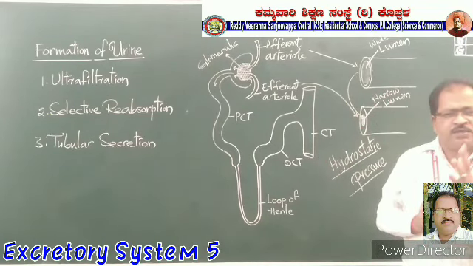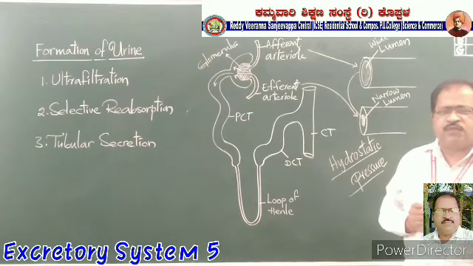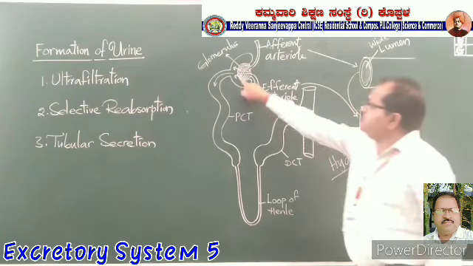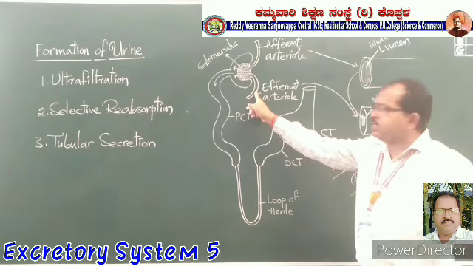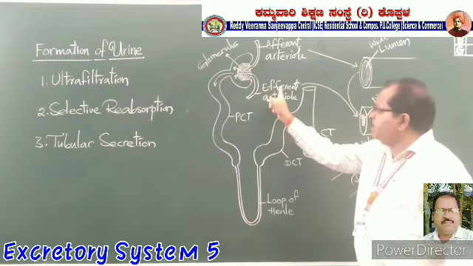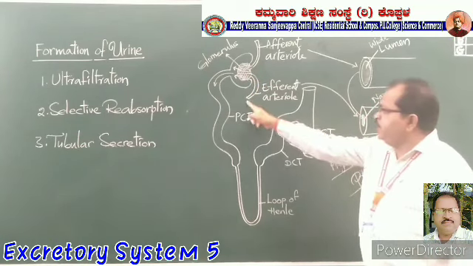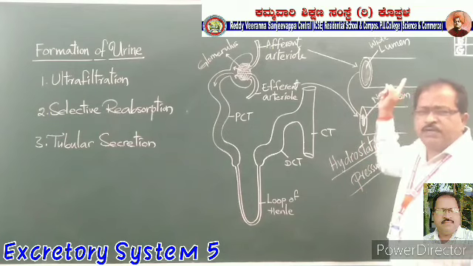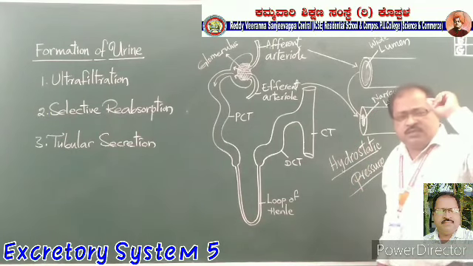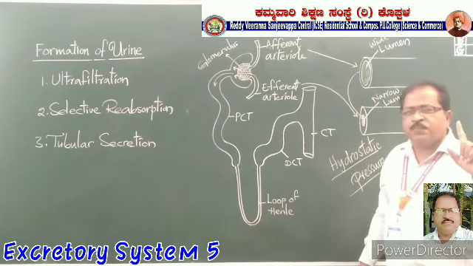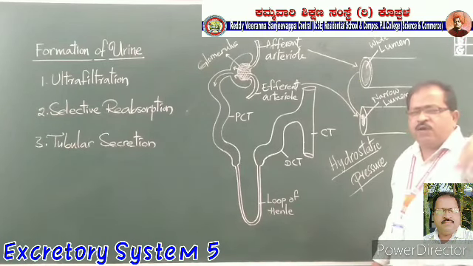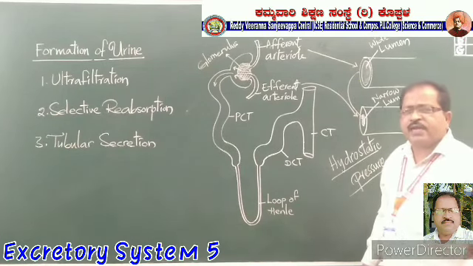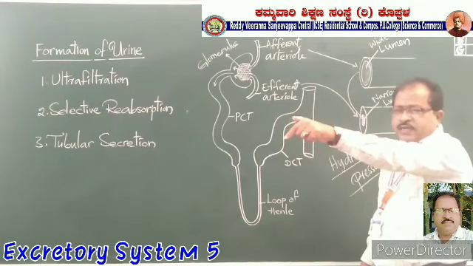Okay, understand? So after the separation of the nephric filtrate, the blood, without all these unnecessary materials, enters the efferent arteriole, and it takes the blood towards the inferior vena cava, which takes the blood to the right auricle.